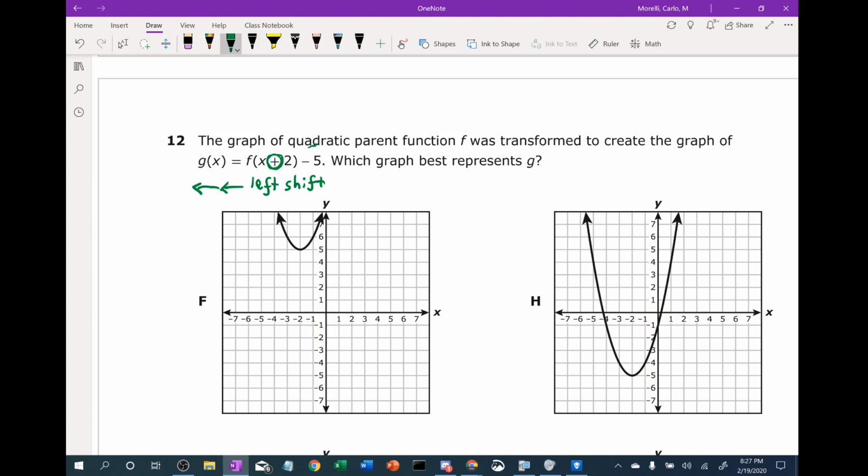And then this says move down 5. So we're going to go down 5. So you have to know what the parent function looks like. The parent function looks like this.